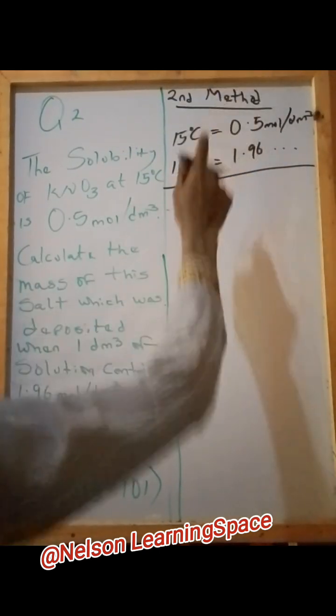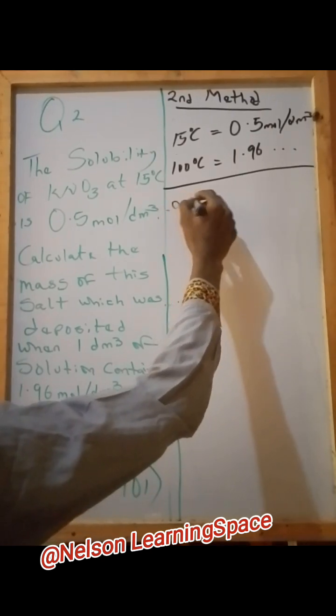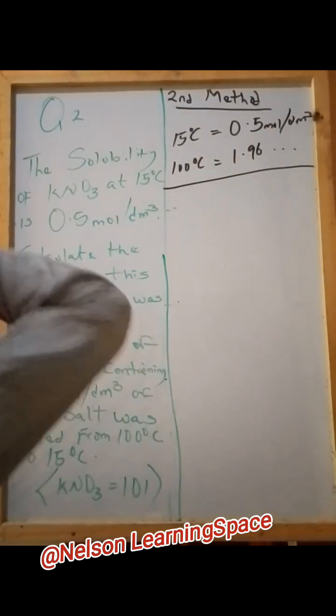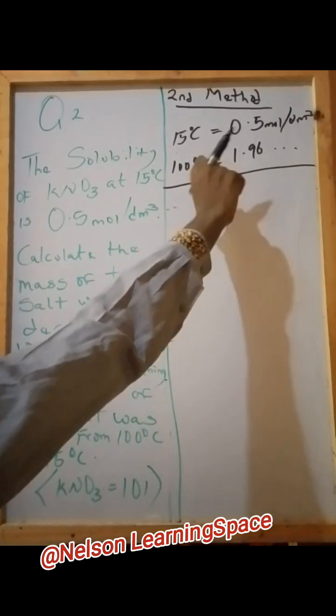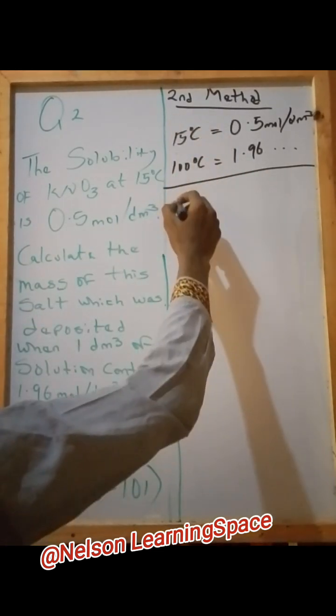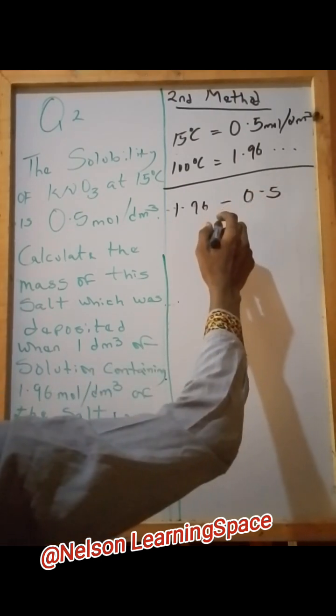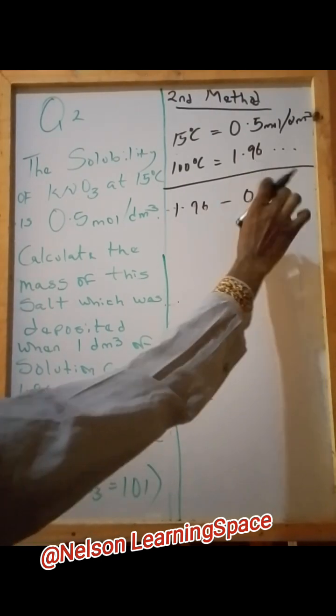So the moles in this case are 0.5 and 1.96. The moles that were cooled out will be 1.96 mole minus 0.5 mole. That's the amount of substance that was cooled.